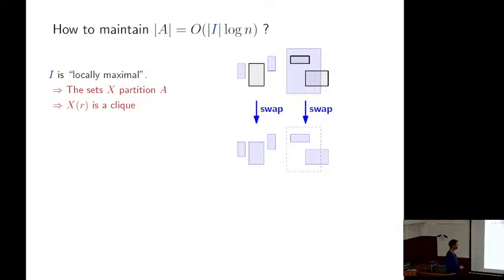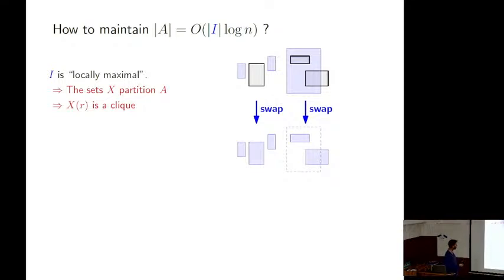The second type of swap is if we have a blue guy that is incident to two black guys that touch it and they are independent, then we swap. We will trash the blue one and we will add the two black guys in the independent set.